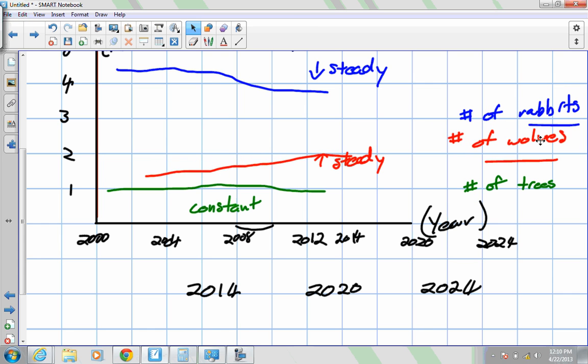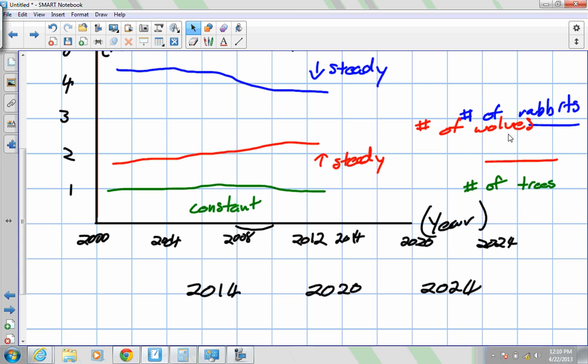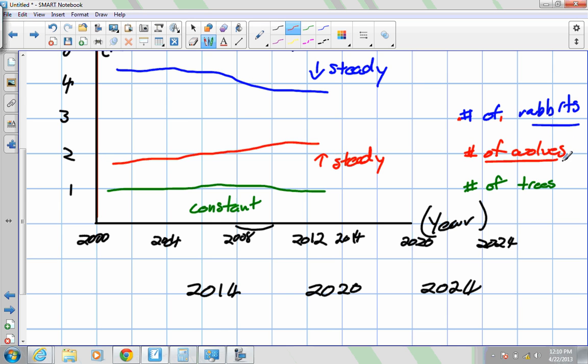Just remember that that's number of wolves, okay? So, what do you guys think is going to happen in the year 2014? What's going to go down? Tell me each one. Describe them. And what does that represent?